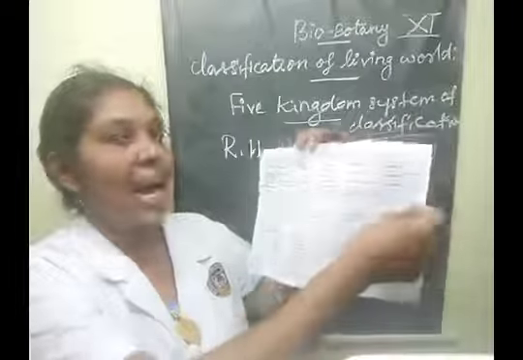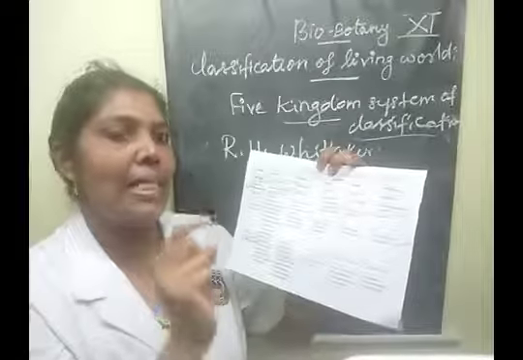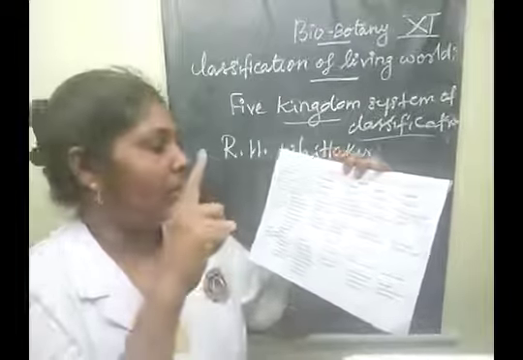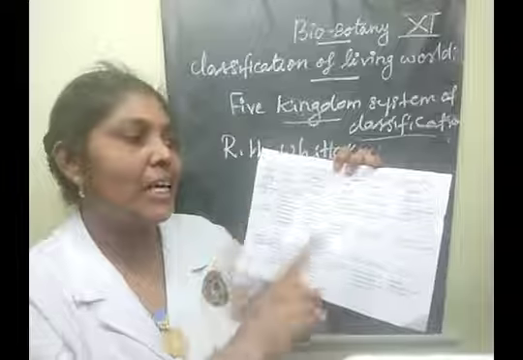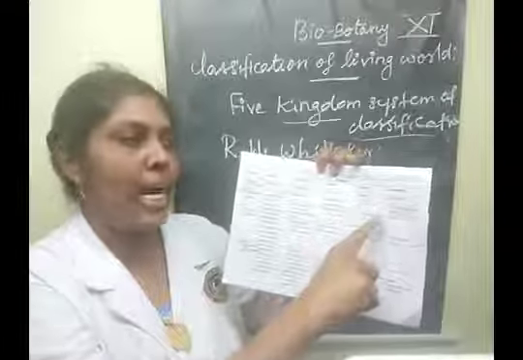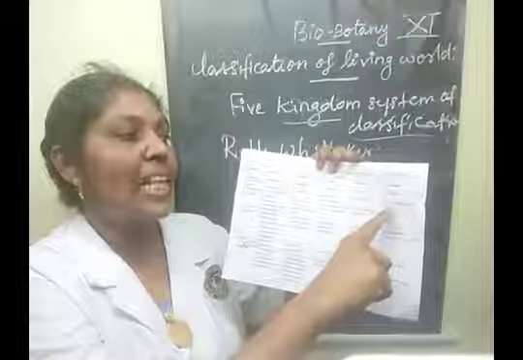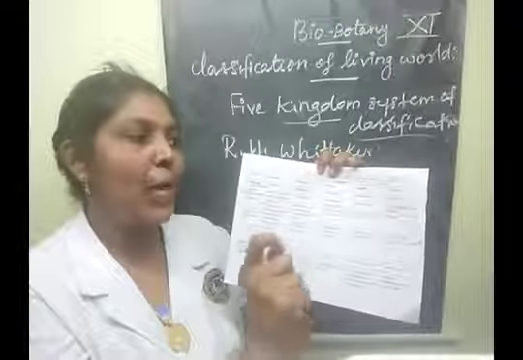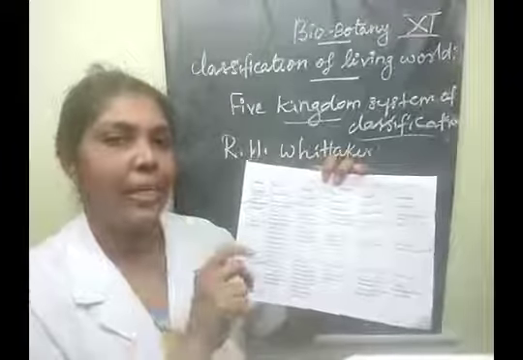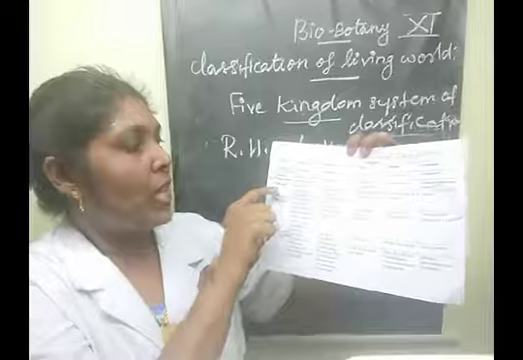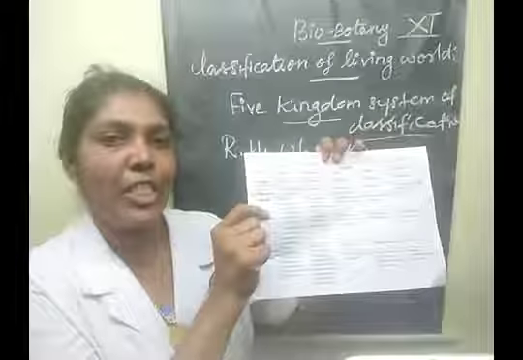Then Plantae, the thallus organization is as tissues or organs. Animalia, thallus organization as tissue, organ or organ system. Clear, children? Yes.